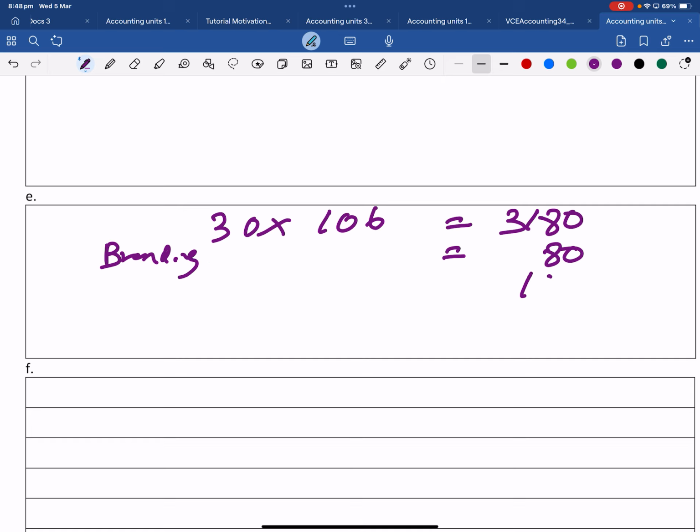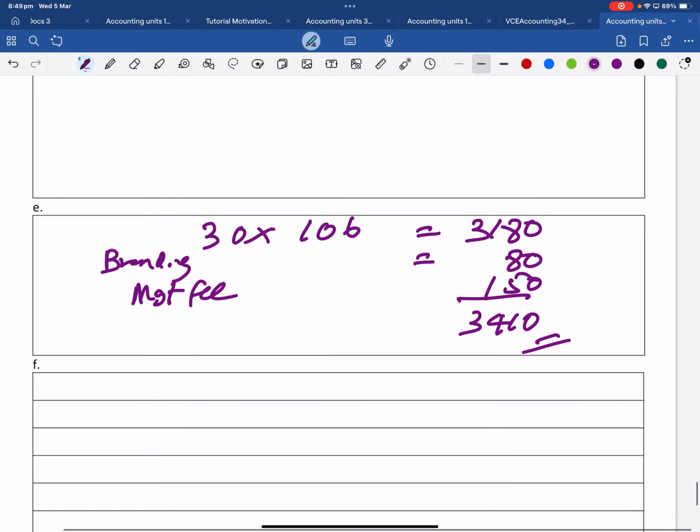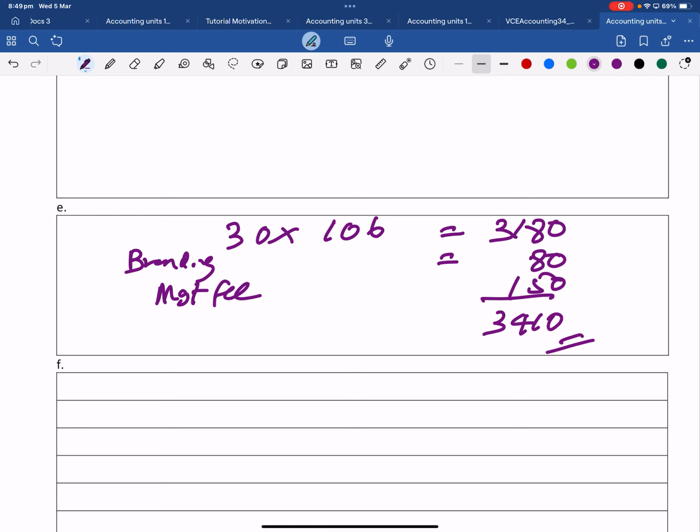The other one is 150, which is account management fee. 3, 4, 10. Because why? 80 and 150 were what? They were period costs. These two were period costs.